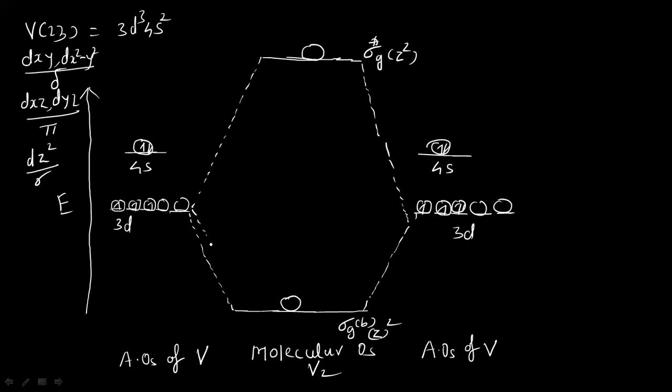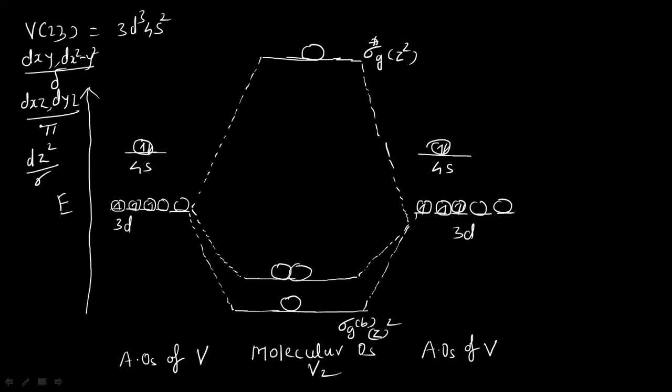The pi molecular orbitals are formed here. That is, dxz and dyz overlap with the dxz and dyz of this vanadium. So two molecular orbitals are formed here. dxz and dyz are suitable for the formation of the pi bond.